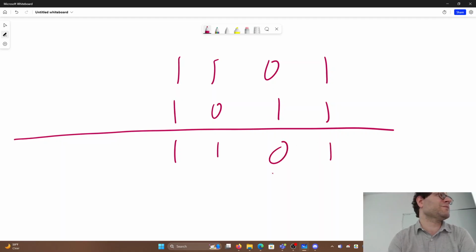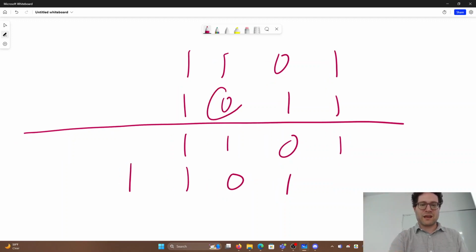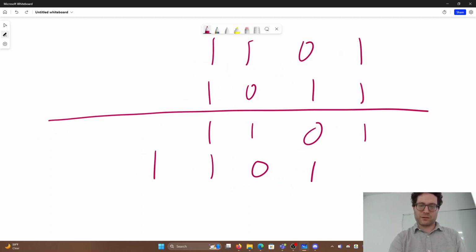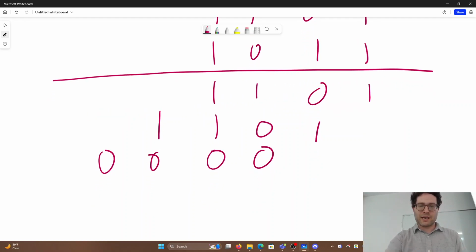Then we do the twos place, so 1011 again. Now we multiply by the fours place, which is a 0, so that just zeroes out everything there. And then multiply by 1 again: 1011.